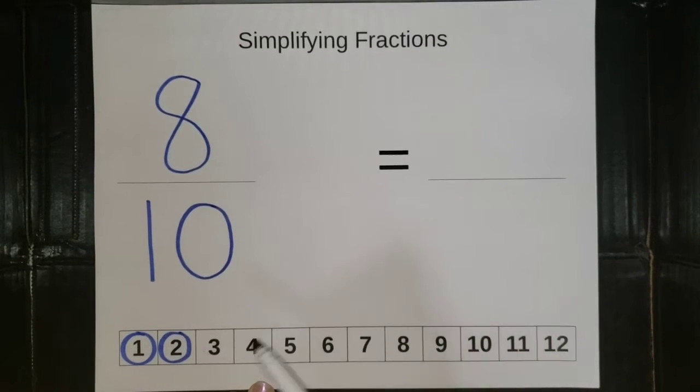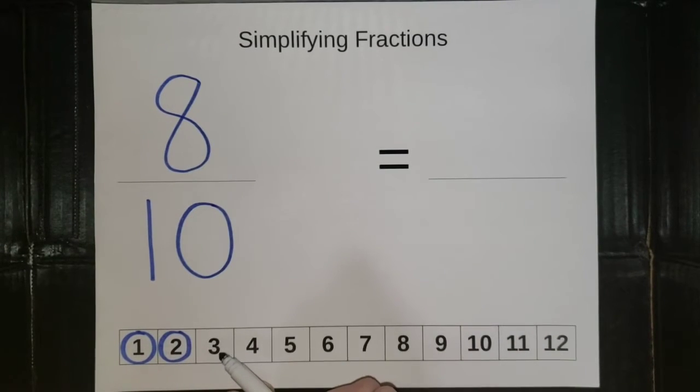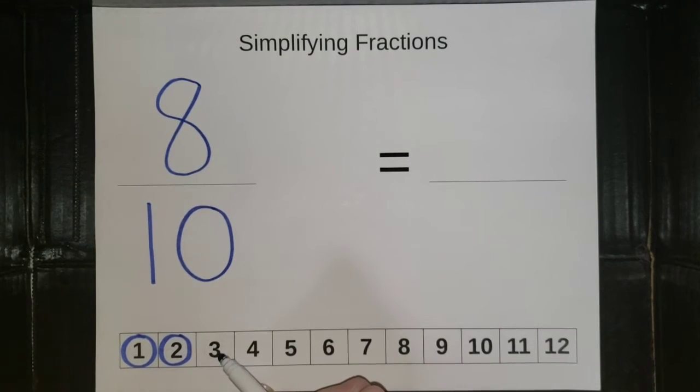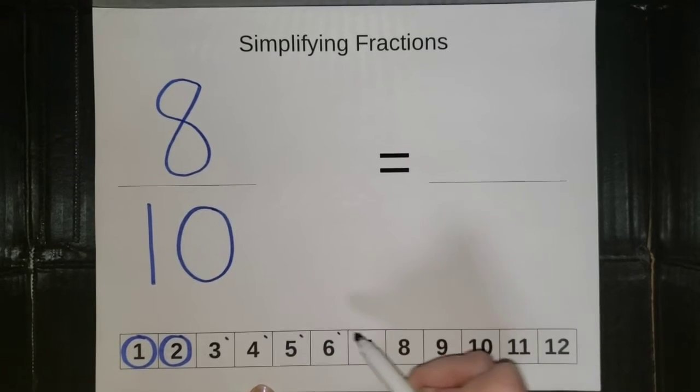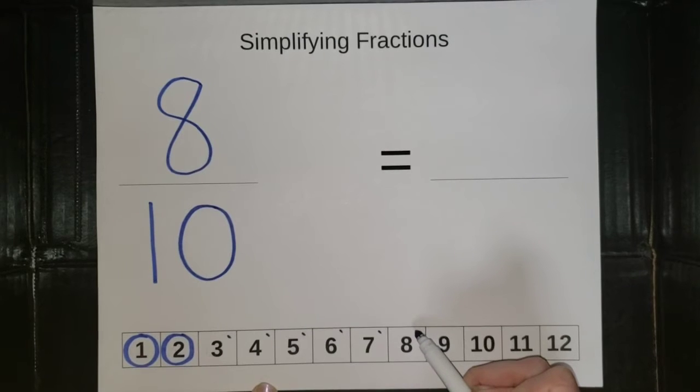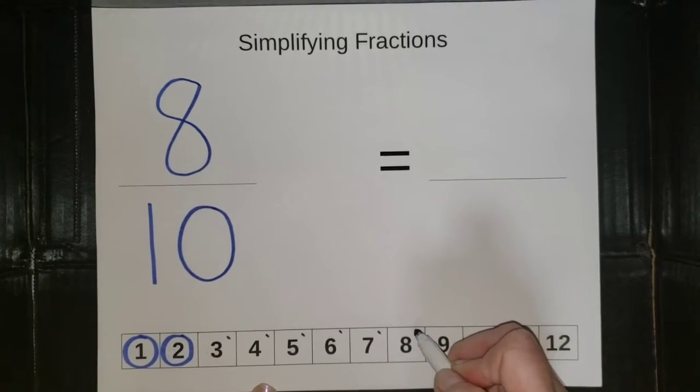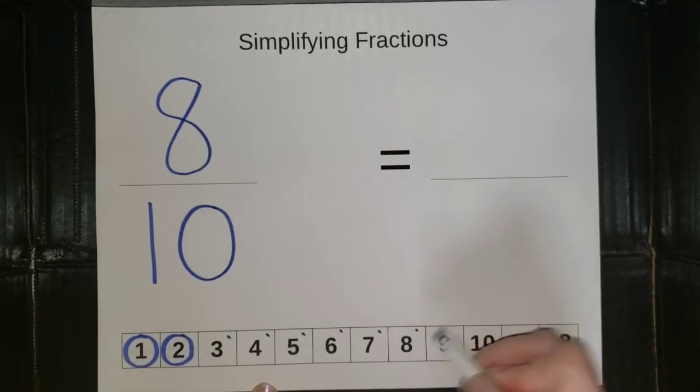And then I start thinking about the other factors, and I'll think of 8. 3 is not a factor of 8. Neither is 4, 5, 6, 7. 8 is its own factor. Okay.